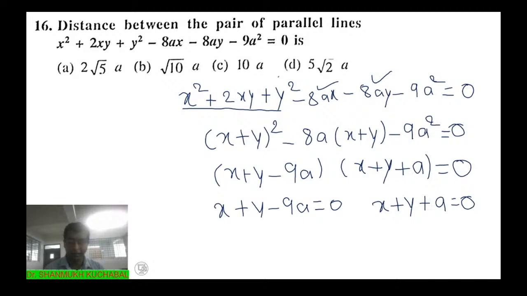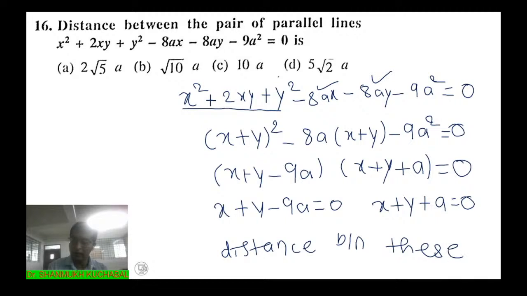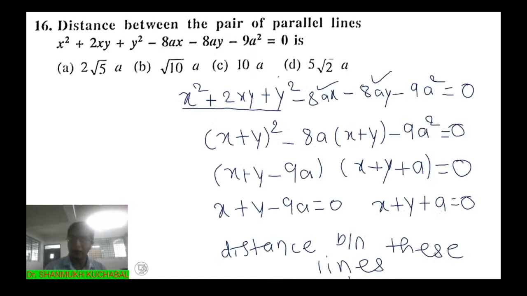Now we will write the distance between these lines. It is given by modulus. So these two are parallel. Yes, so it is minus 9a.